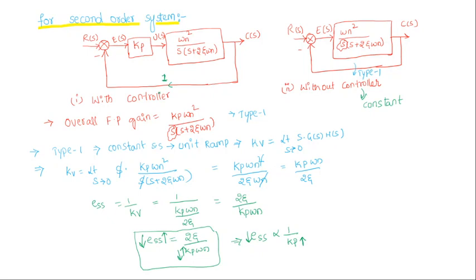So the closed loop transfer function of the system is C of S by R of S equal to Kp into omega n square by S square plus 2 zeta omega n S plus Kp omega n square. This is the transfer function by adding the proportional controller.